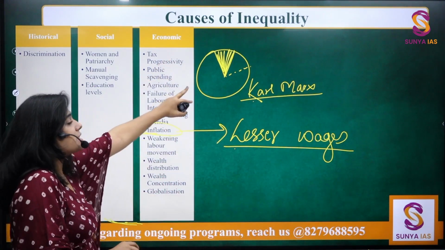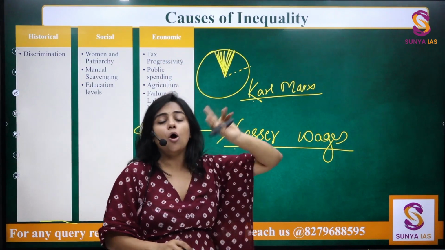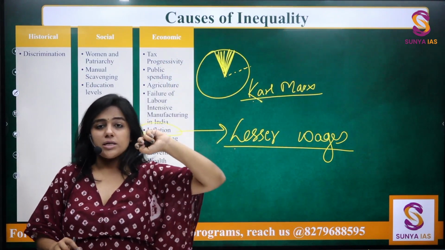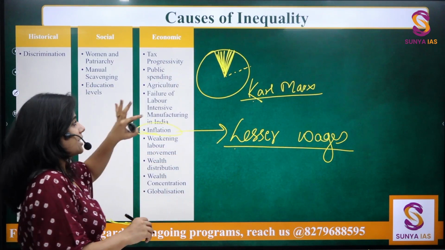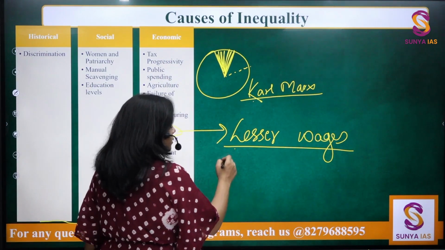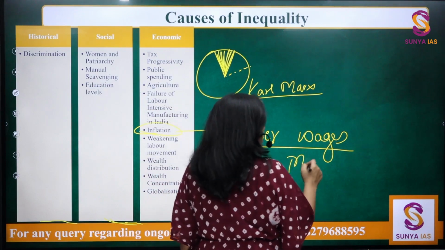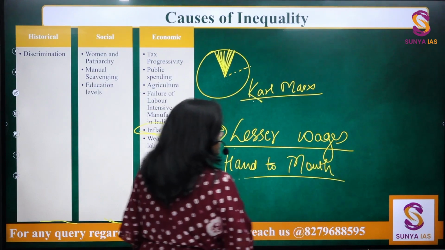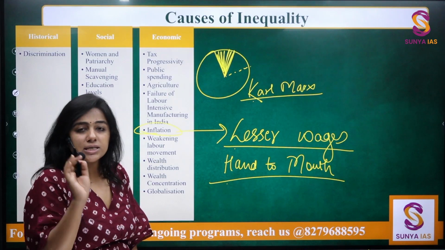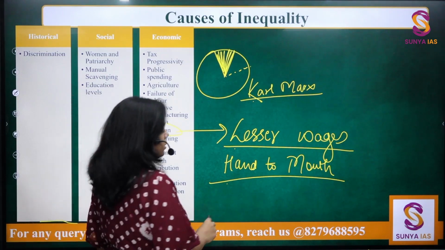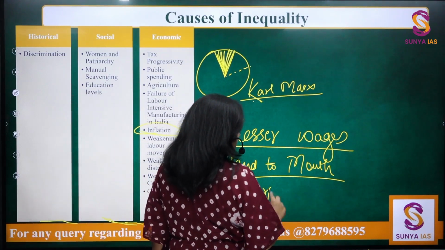And the employees who are at the disposal of this employer will be left hand to mouth. What is this phenomenon called? This is called the surplus value, the theory of surplus value.